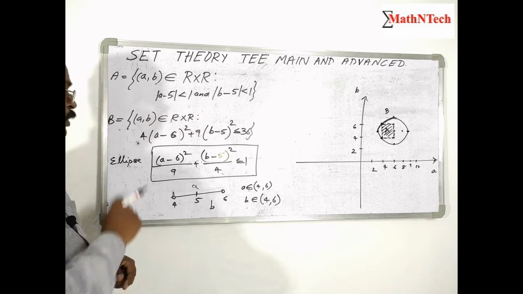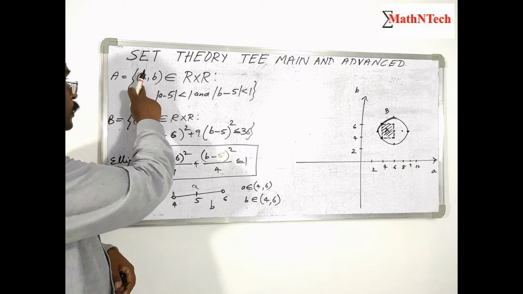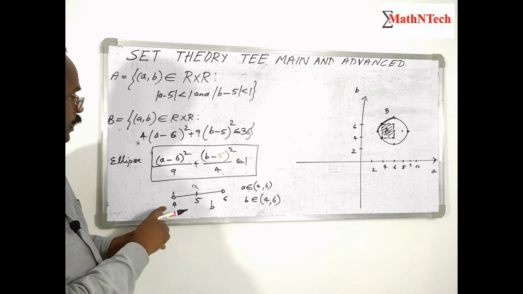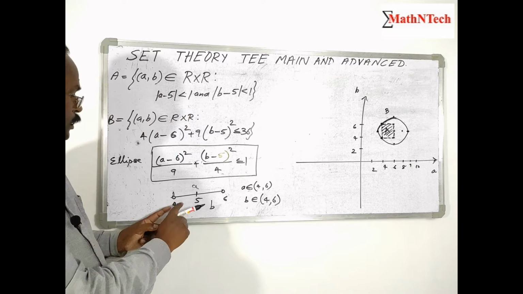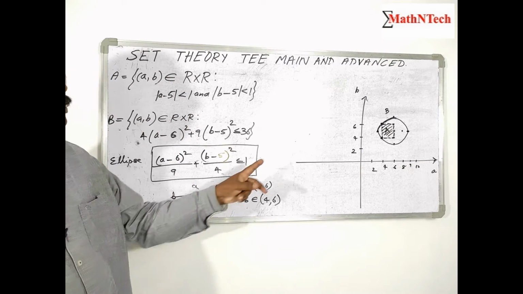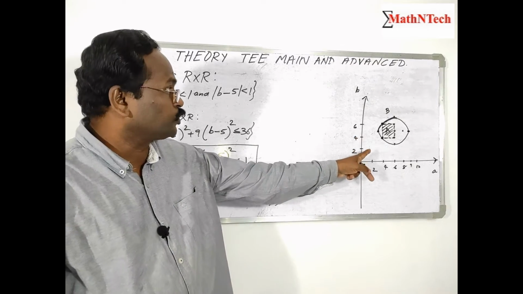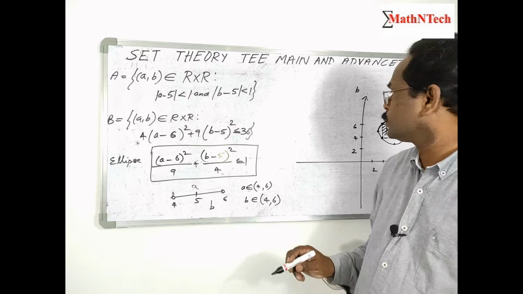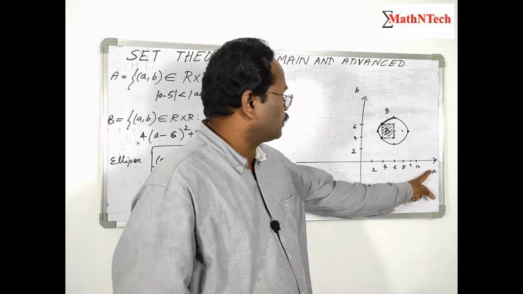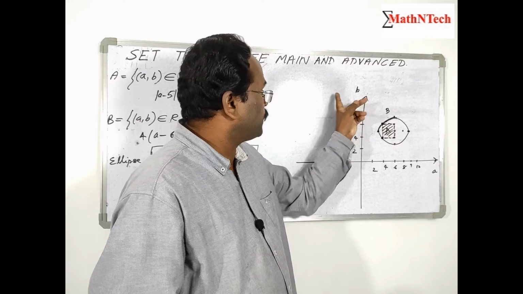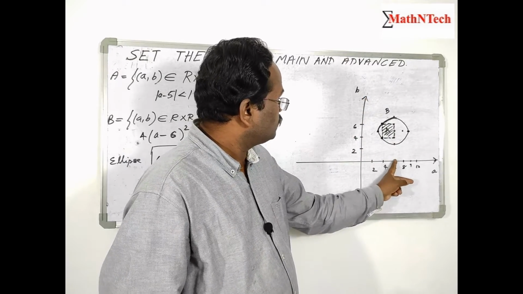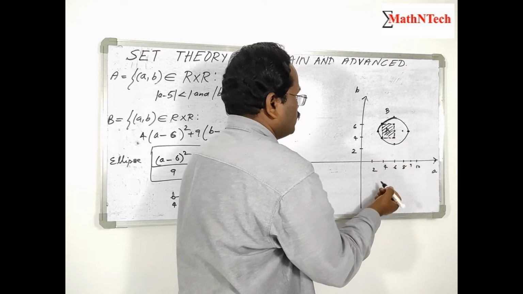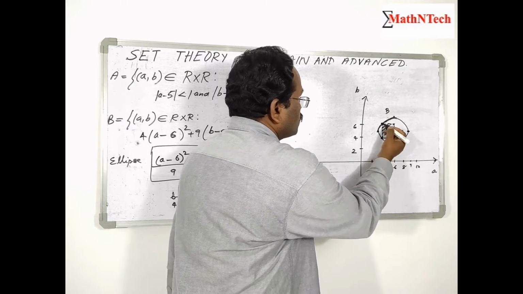So what about set A? Ordered pair (A, B) with A from 4 to 6 and B from 4 to 6, open interval. Note the figure. Mark A on the x-axis and B on the y-axis, each from 4 to 6.